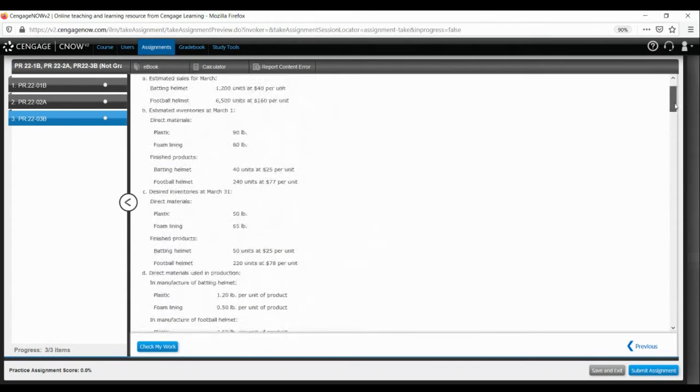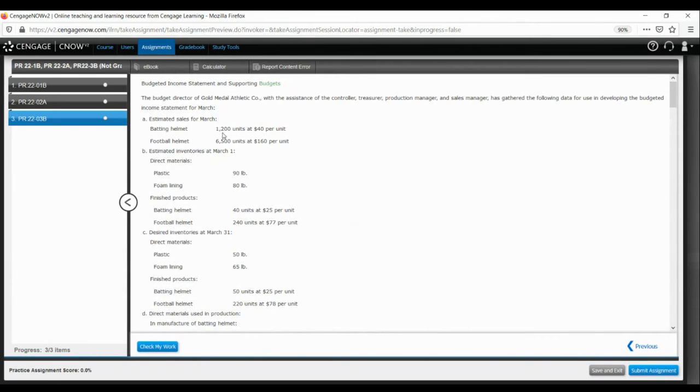So I'm going to scroll up to the top and look at part A for the additional information. You can see there that they have the batting helmets that they are going to be expecting to sell during the month of March. And these batting helmets are going to be 1,200 units.